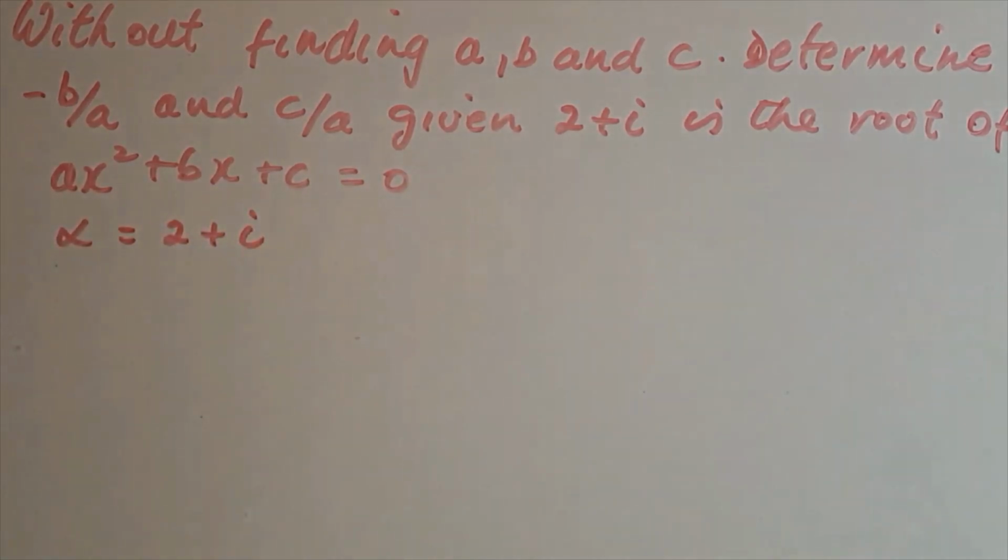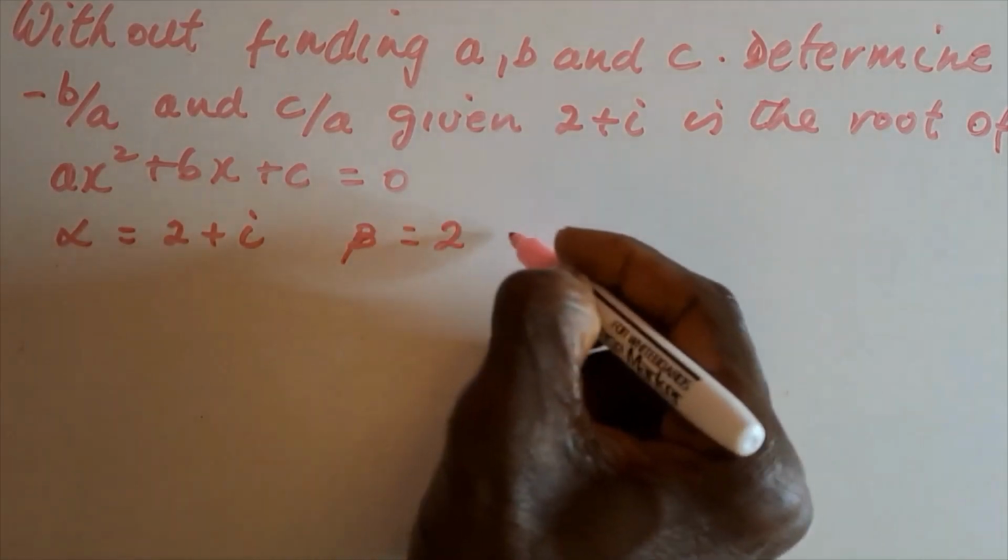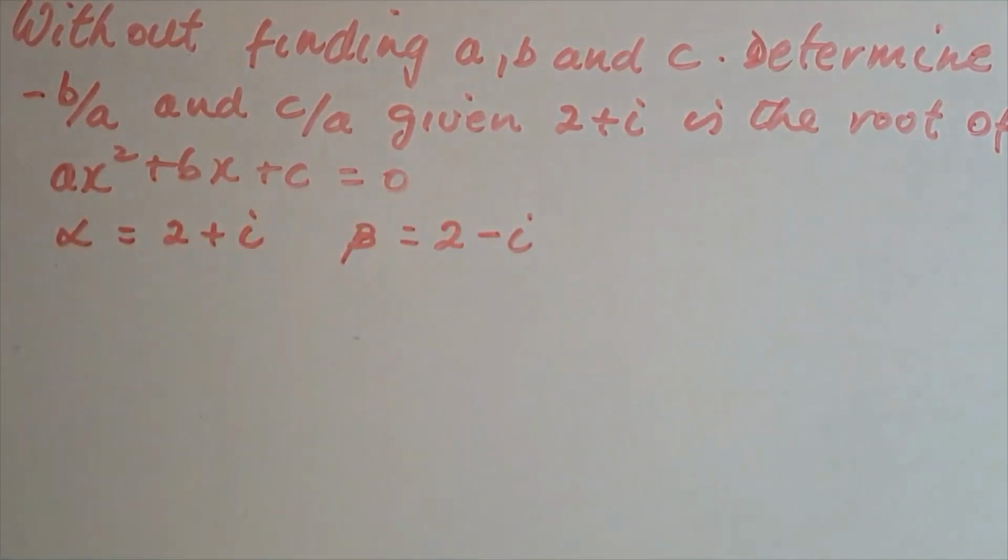Now, the other root must be the complex conjugate of alpha, and we'll call that beta, and beta must be 2 minus i. This is proven and is always the structure of roots. One is the complex conjugate of the other.